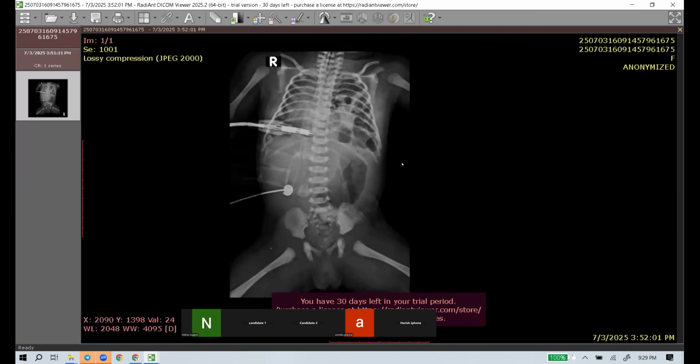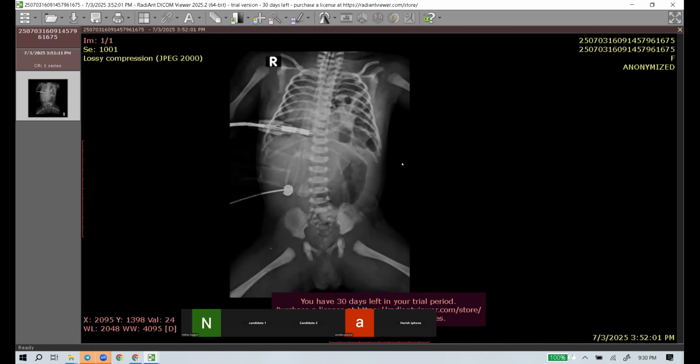It's a newborn with respiratory distress. I have been provided with the radiograph of the newborn who presented with respiratory distress. On the initial glance, I can make out there are lucent areas in the left lung occupying the left mid and lower zone.